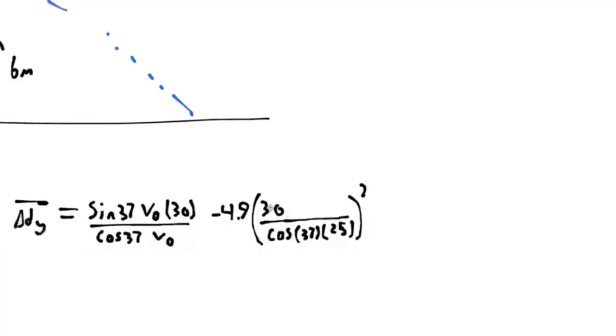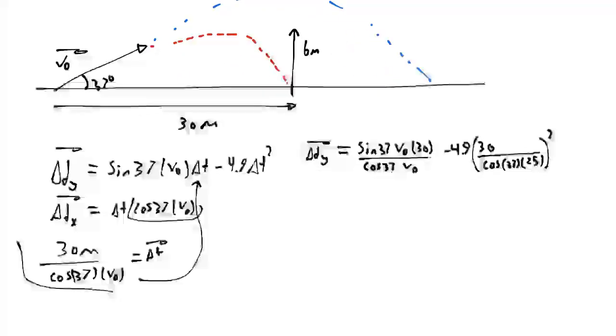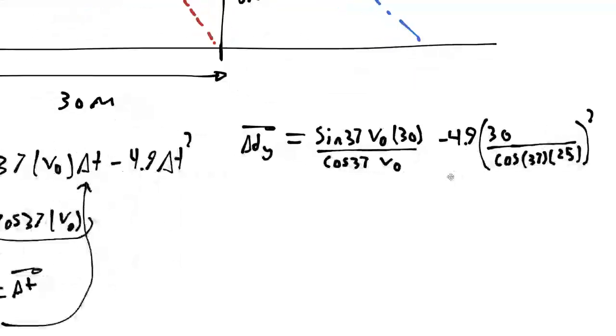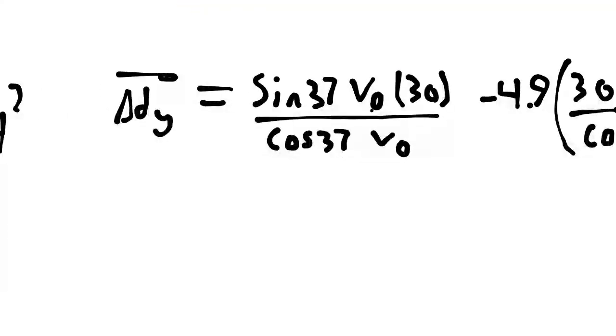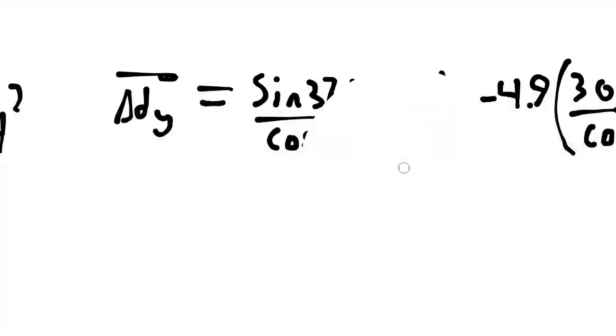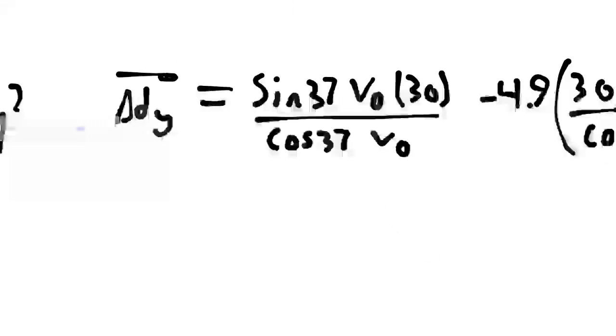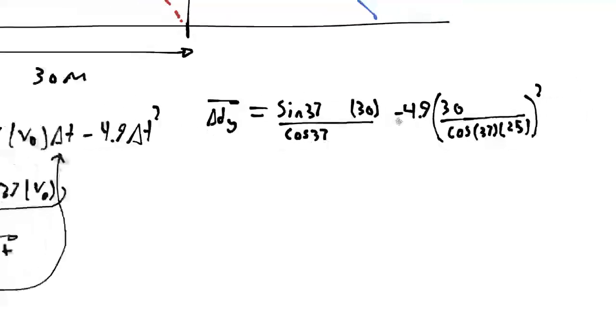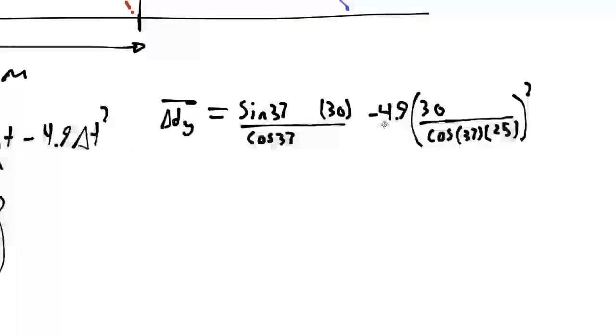And this is all squared. Okay, that should be good. One thing to note here, there's V naught over V naught, so you can just erase these. There we go. Okay, so this is what I have now, and now I should be able to solve for delta dy.